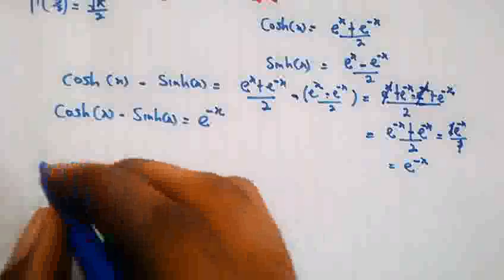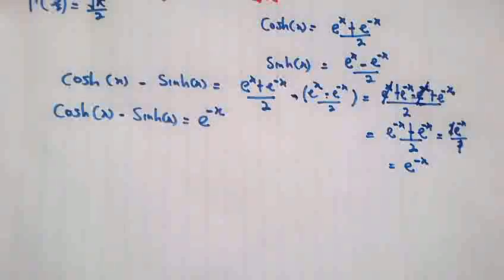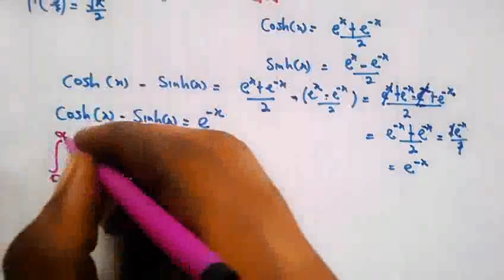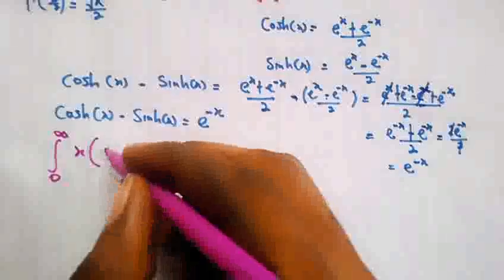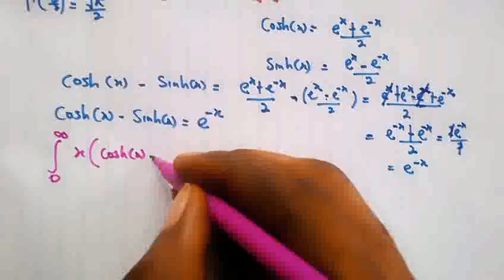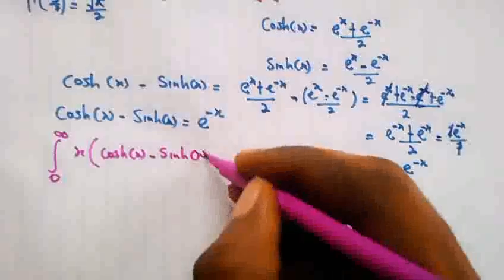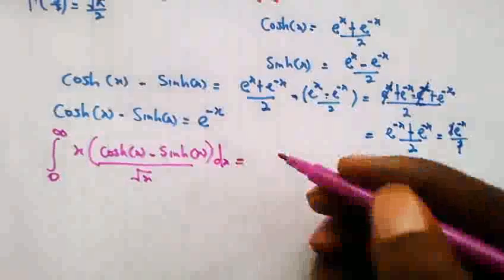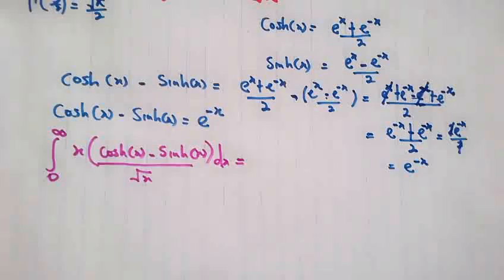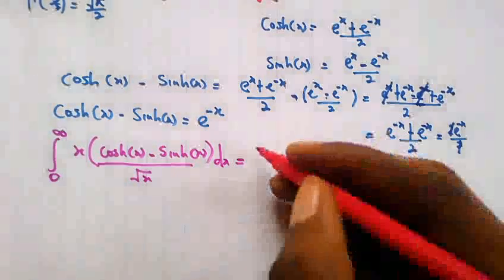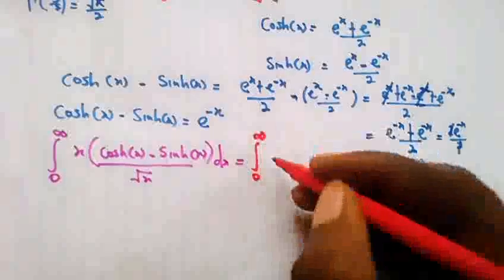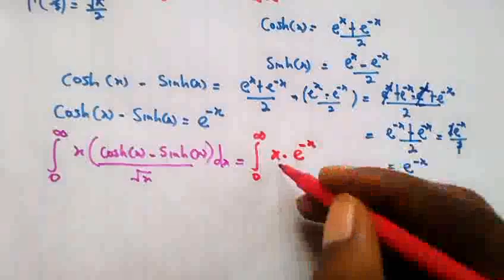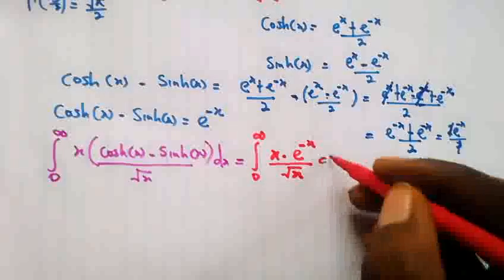Now our problem is becoming the integral as x goes from 0 to infinity of x times the hyperbolic cosine function of x minus the hyperbolic sine of x over square root of x dx. So this becomes the integral from 0 to infinity of x times, this has been evaluated to e raised to negative x, all over square root of x dx.